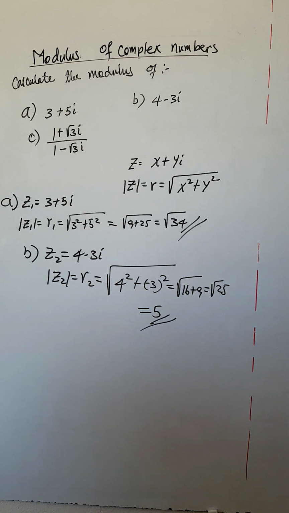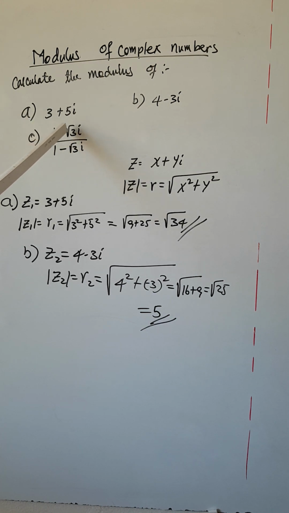But what is the modulus of this? What is the modulus of the complex number, let's say z3, which is 1 plus root 3i divided by 1 minus root 3i? Here, it's impossible to see the imaginary and the real part, because the denominator is also a complex number.